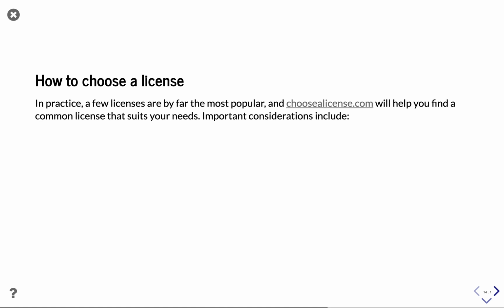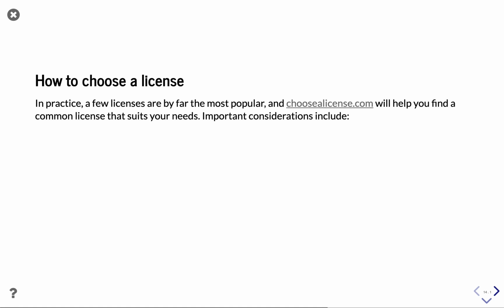So how does one choose a license? In practice, there really are just a few licenses that are really popular in software. And there are resources like choosealicense.com, which we'll visit in a few minutes, which can help us find a common license that suits our needs.